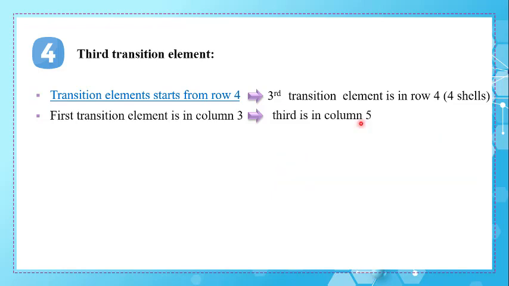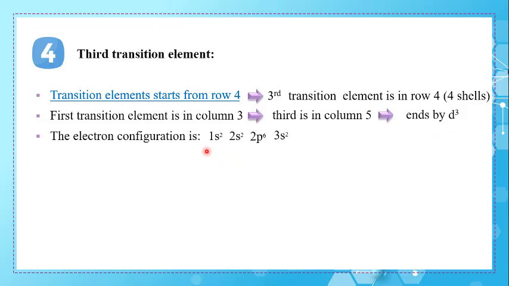And since the transition elements are in block D, the electron configuration of the third transition element must end by D3. Now the electron configuration is 1s2, 2s2, 2p6, 3s2, 3p6, 4s2. As you can see, we reached row 4, but we'll continue until the electron configuration ends by D3.